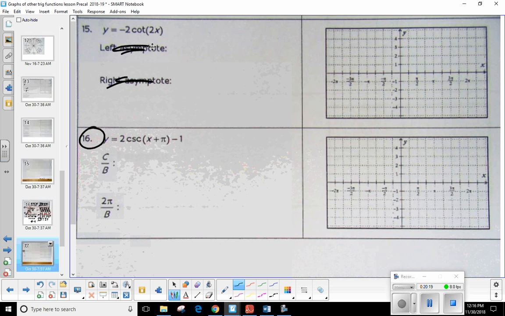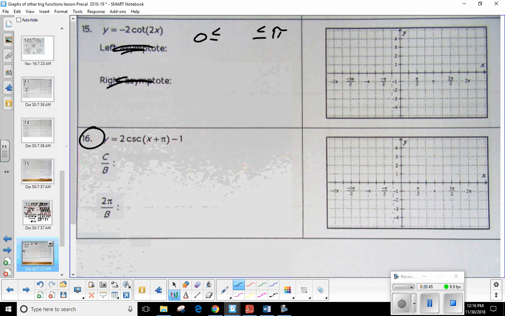Now, if you're going to graph cotangent, we're not going to do so by graphing the reciprocal. We are going to go ahead and just graph him from what we know. His compound inequality, though, cotangent always has to go between what? 0 and pi. Yes, you have to use consecutive asymptotes. Okay. So every cotangent problem, you'll start between 0 and pi for the compound inequality.